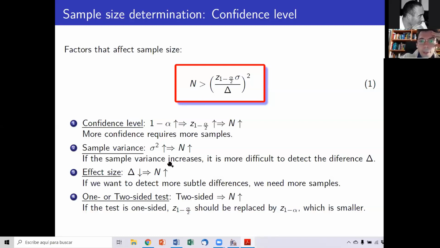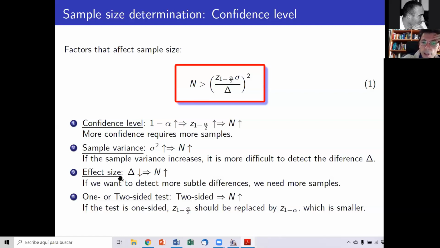Then the sample variance. If my observations, instead of having a standard deviation of 1, have a standard deviation of 2, then it will be more difficult to detect these small changes of 0.5 milligrams. So if the standard deviation increases, the number of samples should also increase.